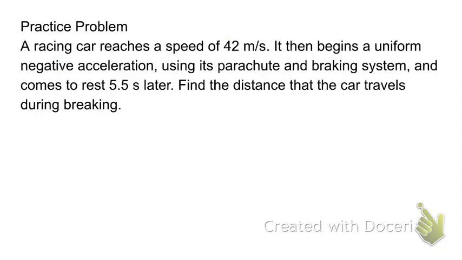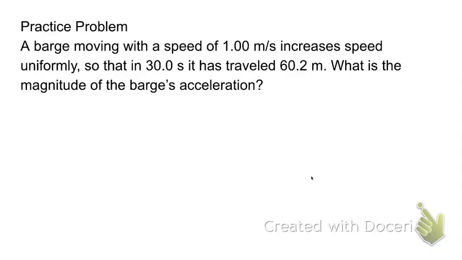And that problem will be a barge moving with an initial velocity of 1.00 meters per second is going to uniformly accelerate so that in 30 seconds it has traveled 60.2 meters. They want you to solve for acceleration using that formula that we just did.